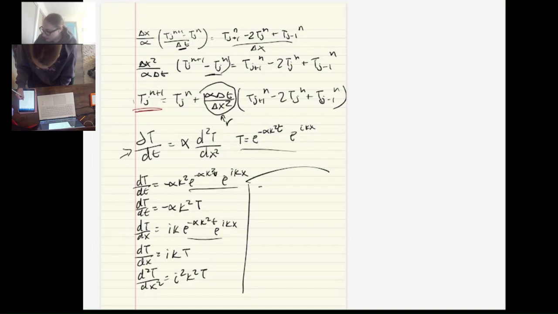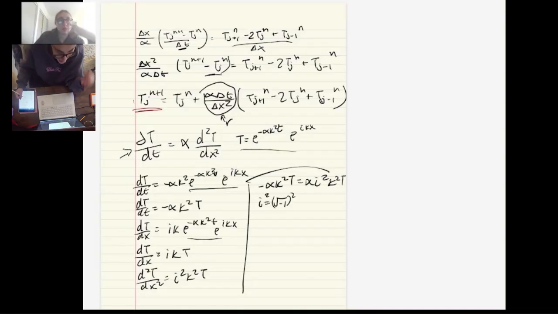So it's going to be negative alpha k squared T is equal to alpha i squared k squared T. Okay, so one thing about i is that i squared is equal to negative 1. So that is just going to be negative. So we'll have alpha k squared T is equal to negative alpha k squared T. So this is the correct solution.